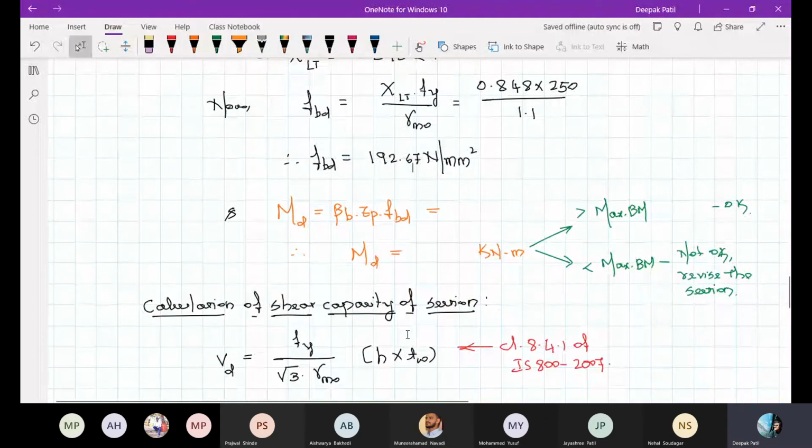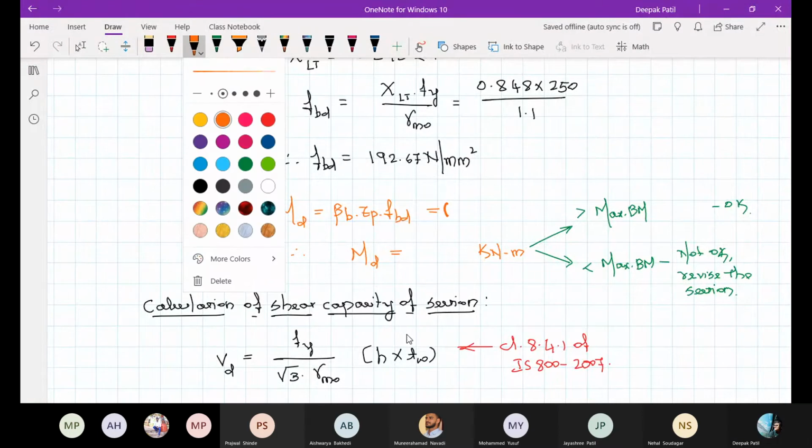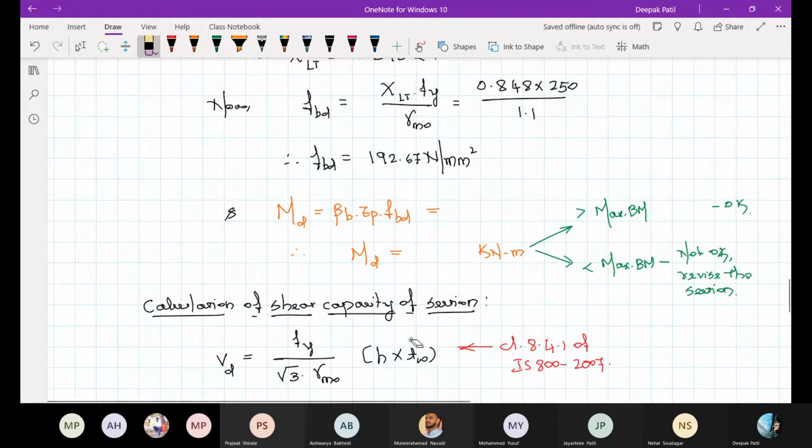And from this, I can find the design moment capacity, which is equal to beta b, which is 1, multiplied by Zp, the provided 161.65 into 10 raised to 3, multiplied by Fbd, which is 192.67.